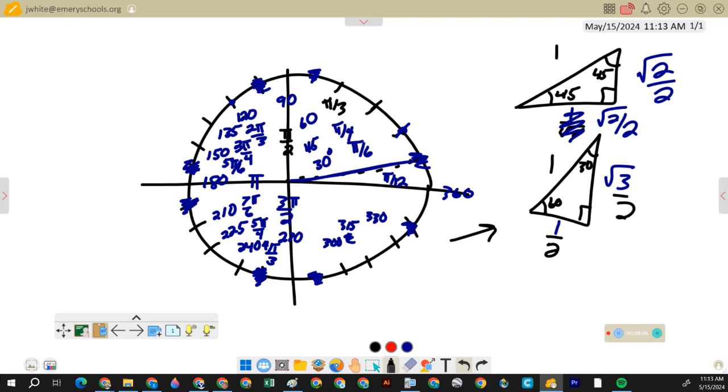And then we skip 19. 20 pi over 12 is 5 pi over 3. 21 pi over 12, 7 pi over 4. 22 pi over 12 is 11 pi over 6. And then we skip 23, and the last one is 24, which is just 2 pi.